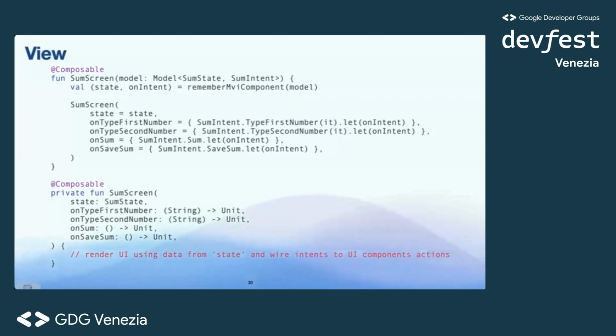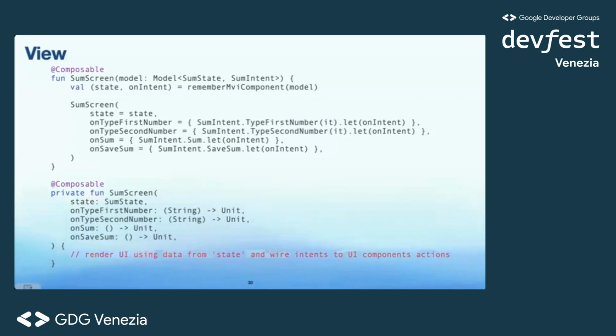But what is rememberMVIComponent doing under the hood? It's creating a flow of intents on which we can send more intents through a lambda function. And this rememberMVIComponent is also calling the famous subscribeTo function that we see in the model, passing the flow of intents and getting a state flow. And then what we have to do is just collect the state.